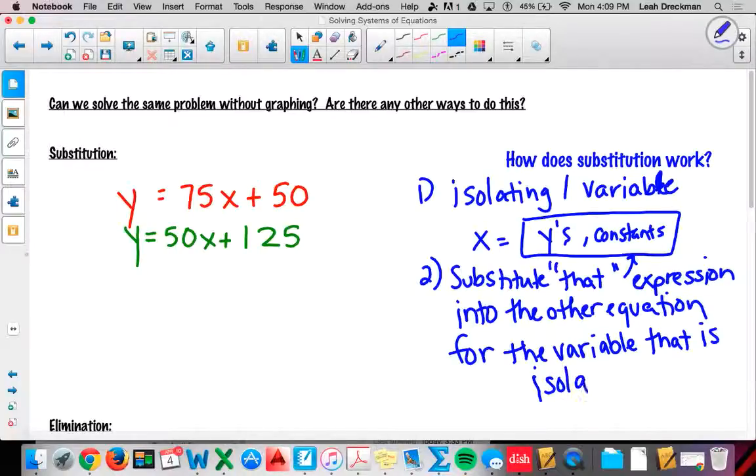Poor old lonely x is isolated by itself. So whenever we see an x in the other equation, we would replace it with the expression that's boxed off.